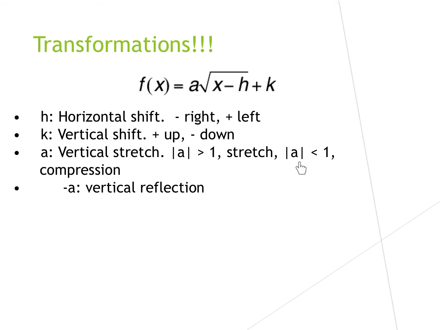If the number is less than 1, not negative, the absolute value, so if it's a number like 0.5 or 0.8 or 1/3 or something like that, then it's going to compress vertically. And if A happens to be negative, that's what this is. It's not dash A, it's negative A. That means it's a vertical reflection, so it flips it over the x-axis. And sometimes we call that a reflection over the x-axis.